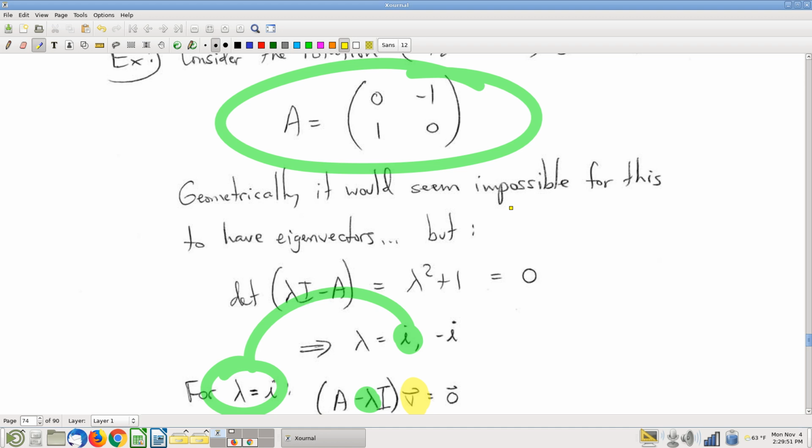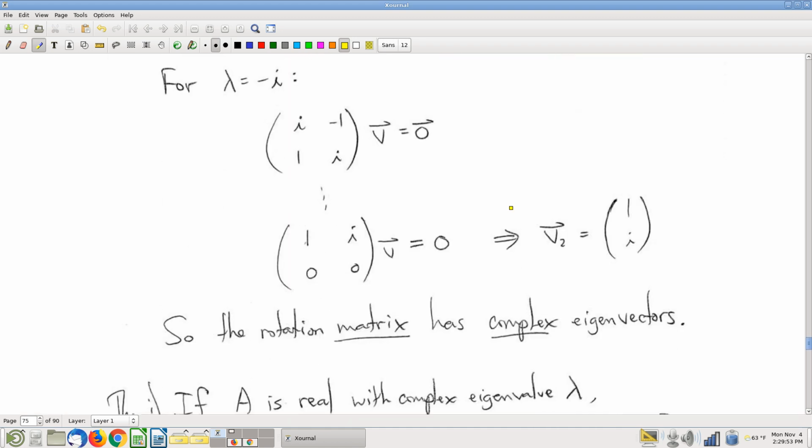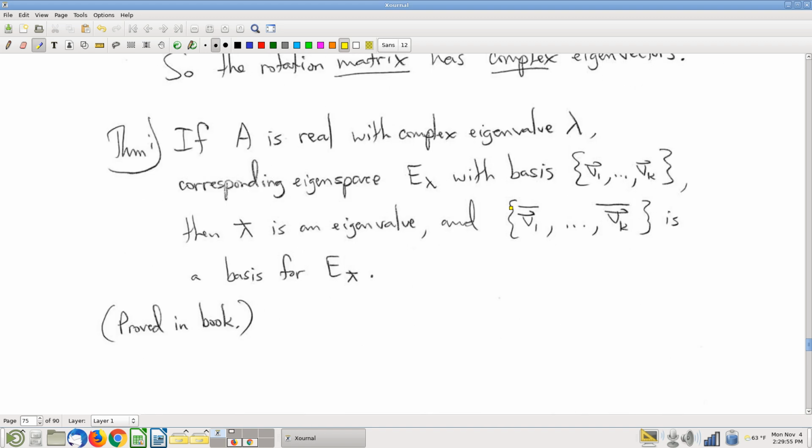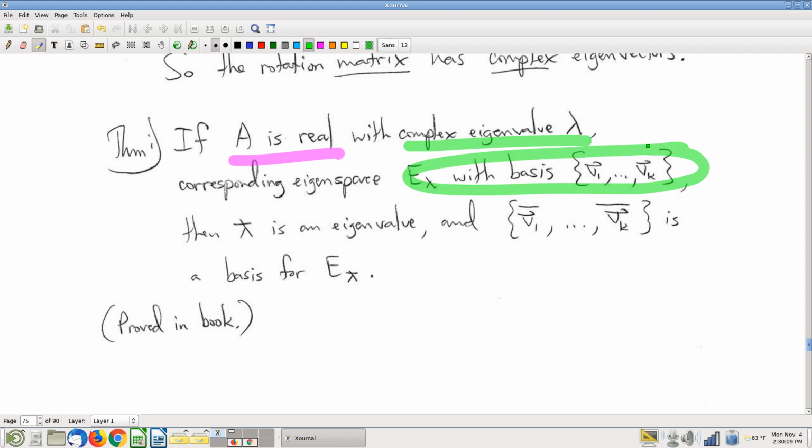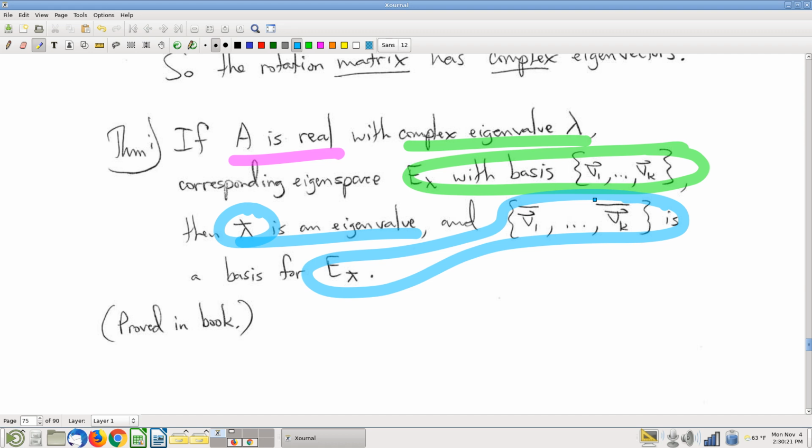Okay. So likewise for the other eigenvector and eigenvalue. The quick theorem I want to end with is straight out of the book. If you have a real matrix, and if you have an eigenvalue and eigenvectors, then the conjugate is also an eigenvalue, and the conjugates of those initial eigenvectors are also eigenvectors.